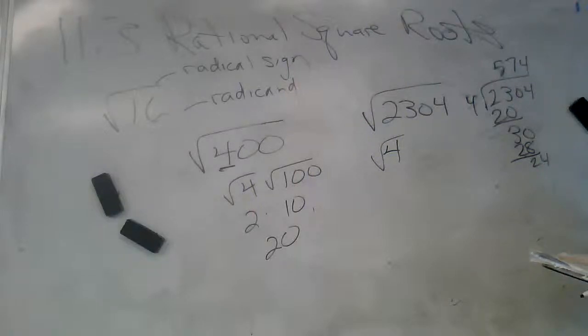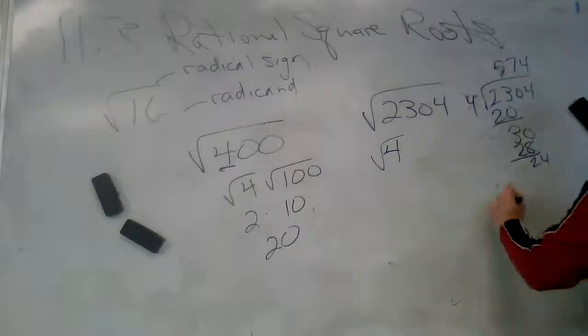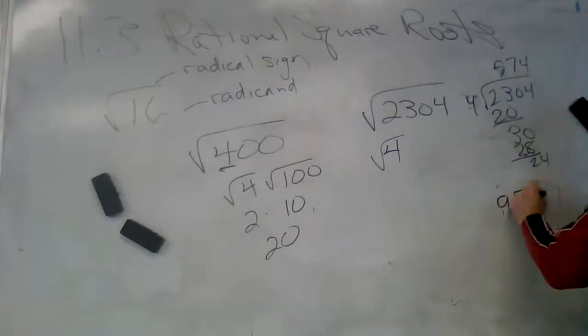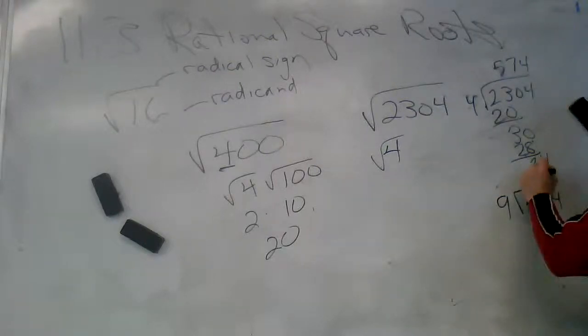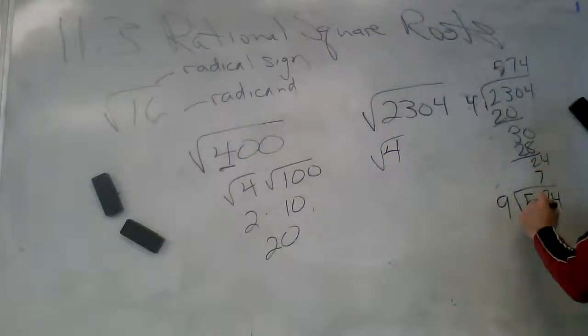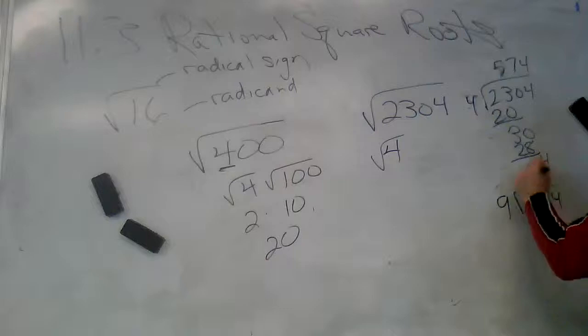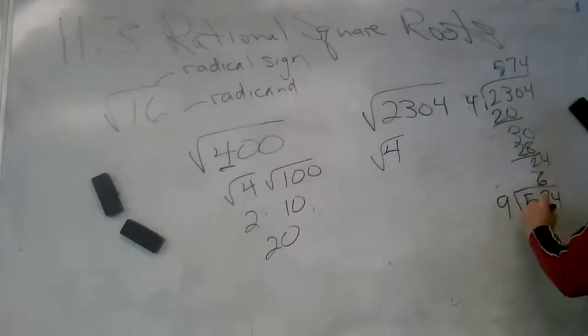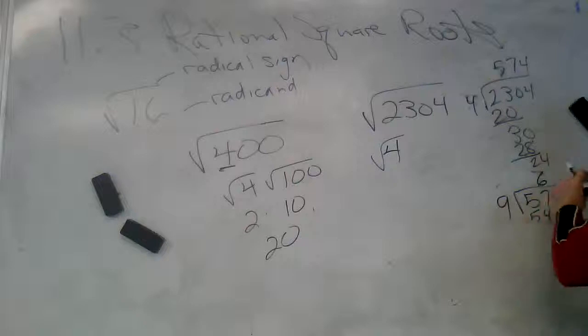Let's try 9. So 9 times 7 is 53. No, that's 63. 9 times 6, there we go, 54. That doesn't work. My math is wrong.